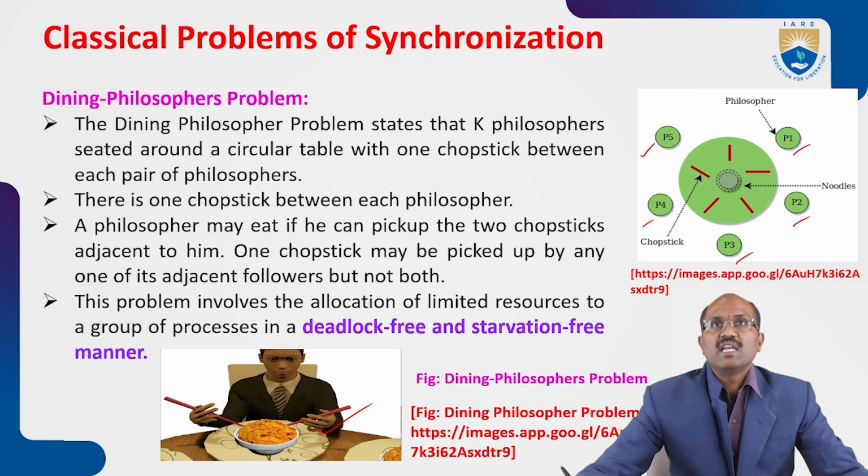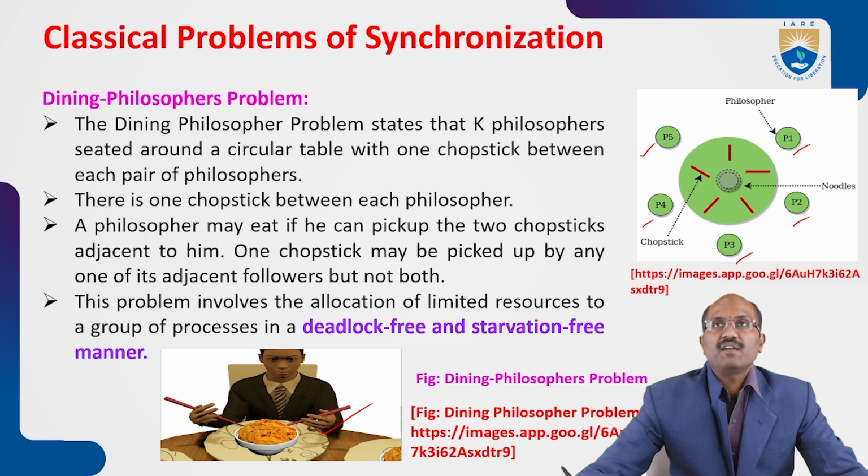A philosopher may eat if he can pick up the two chopsticks adjacent to him. One chopstick may be picked up by either of its adjacent philosophers, but not both.